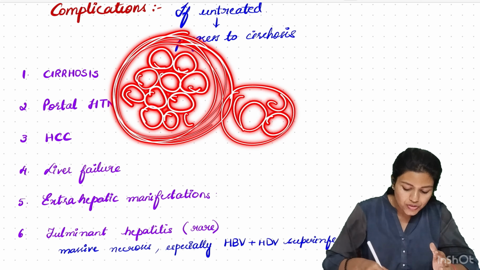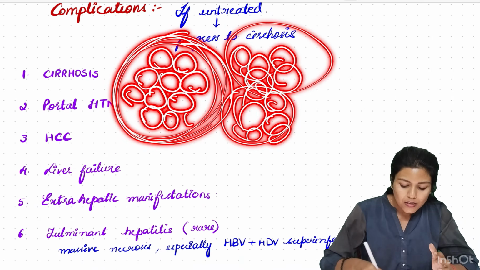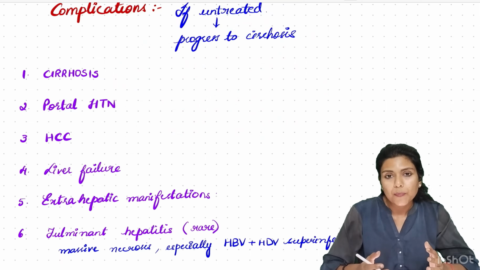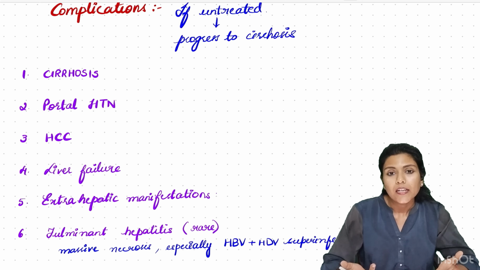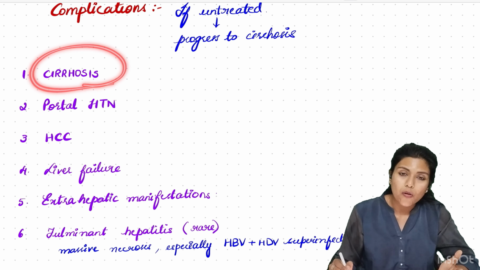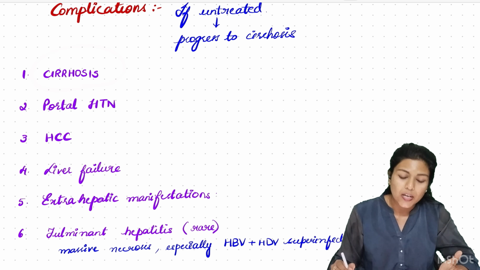These fibrous bands completely surround the regenerating hepatocytes, totally cutting them off from blood supply. So total collapse of hepatocytes and of the bridging fibrosis occurs. That is cirrhosis that we have explained in the clinical features and morphology also. So cirrhosis is a complication of chronic viral hepatitis.